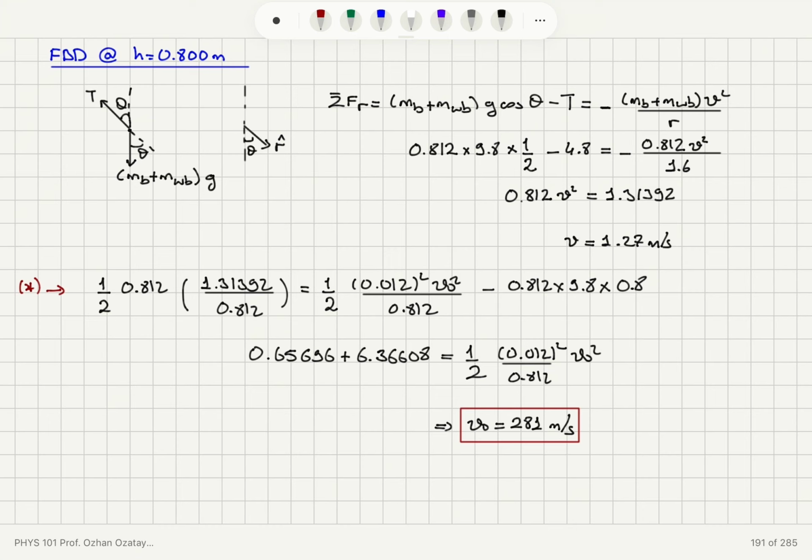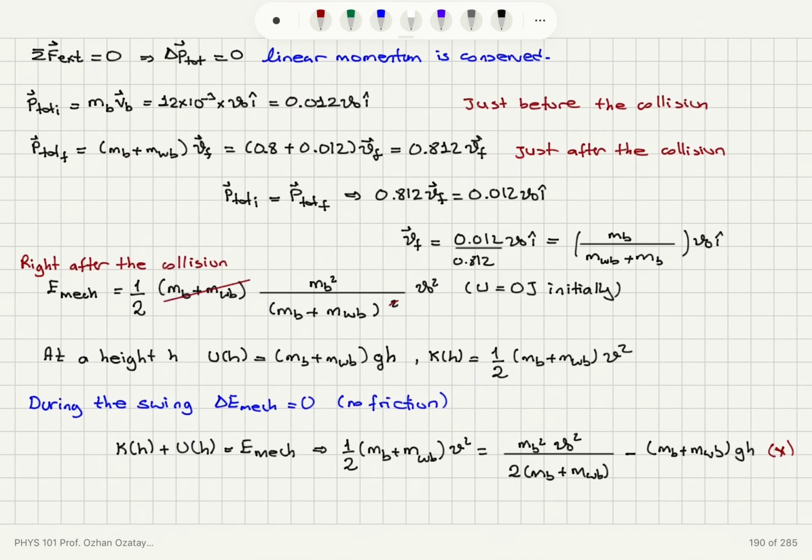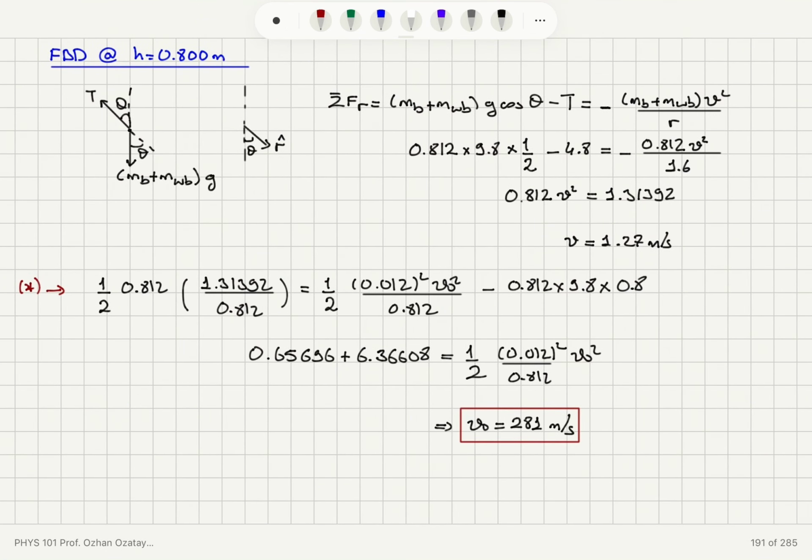So that gives us v basically to be 1.27 meters per second from this information, and then we can substitute this number for v square into this equation, and we can obtain v0, basically isolate v0, and we get our final answer, 281 meters per second.